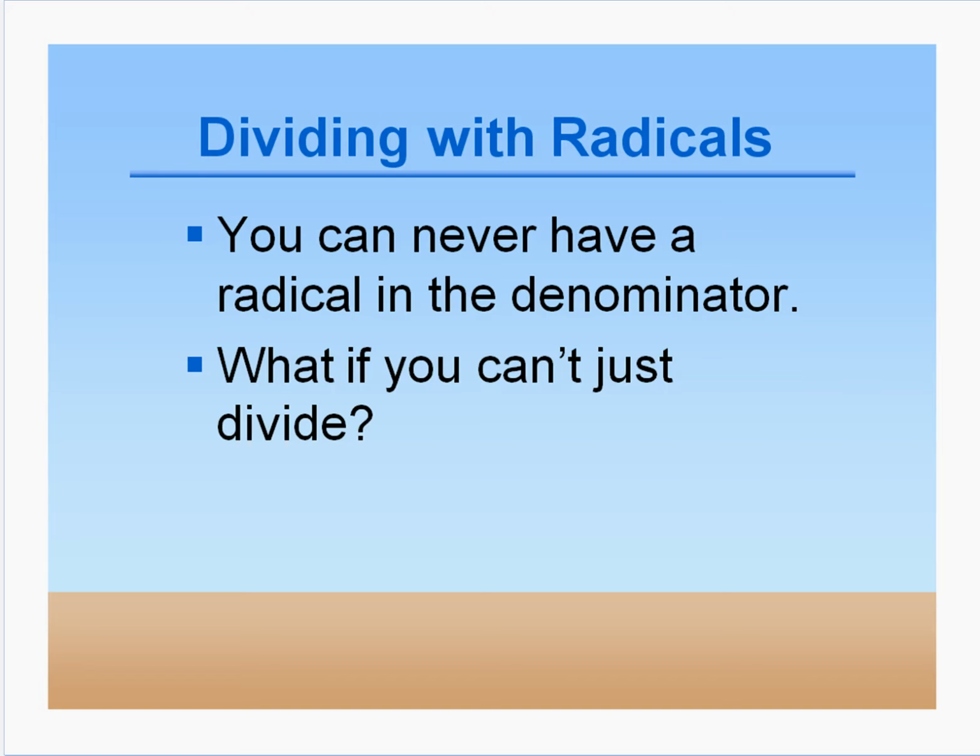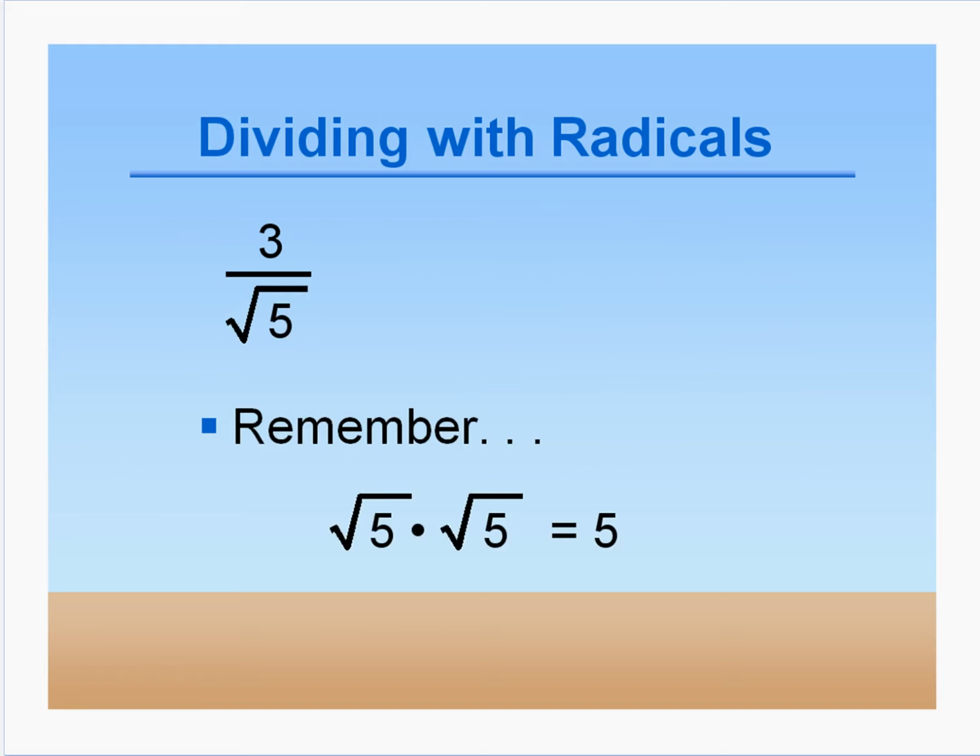Well, what happens if you can't divide? Then what we're going to do is we are going to use a process that a lot of times we call rationalizing the denominator. Here we have a 3 over the square root of 5. One of our rules is we don't want square roots in the denominator. So what we're going to do is we're going to remember that a square root multiplied by itself is actually just the number inside.